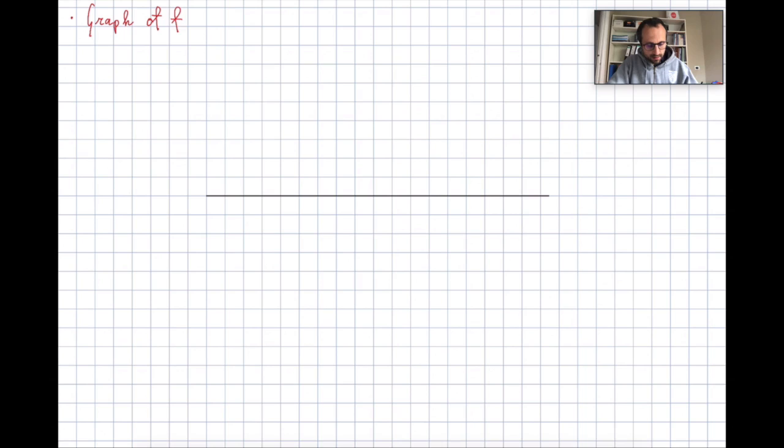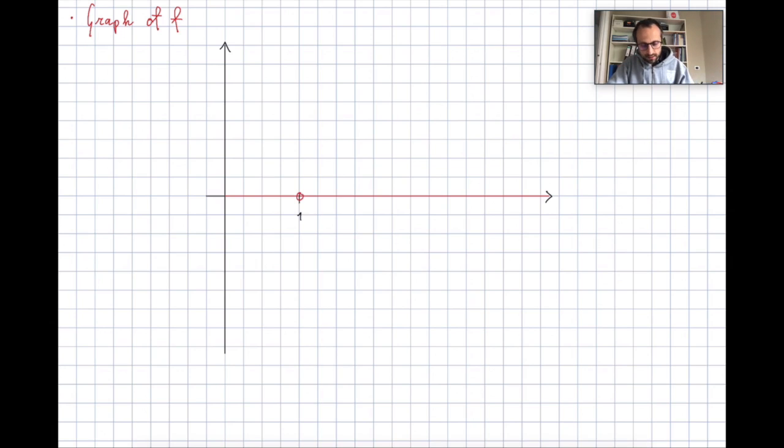So this is the x-axis and the y-axis. So I ignore the negative part of x, since I already know that the domain is the positive real axis except 1. So 1 in this game is excluded.